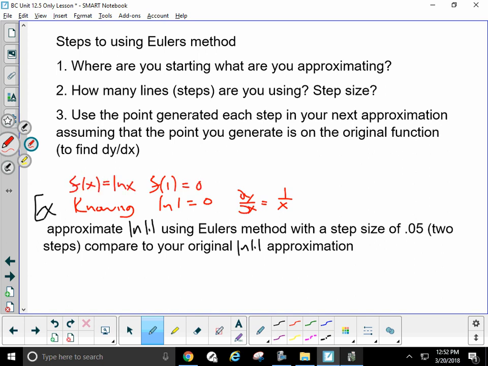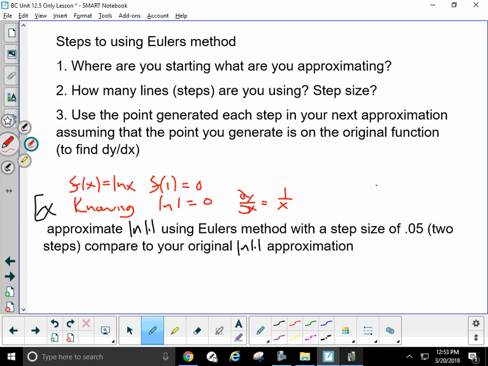Okay, knowing that, using the fact that you have (1, 0), if I want to approximate the log of 1.1 with a step size of 0.05, that means I'm going from 1 to 1.05 and from 1.05 to 1.1. I'm going to use one tangent line at 1 and one tangent line at 1.05. Okay? Compared to our original approximation and to the original value.